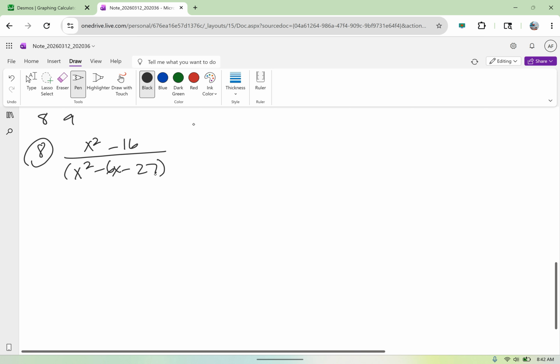So we need to factor this denominator, which is going to become x minus 9, x plus 3. The x plus 1 is already there. So x cannot equal 9, x cannot equal negative 3, x cannot equal negative 1.